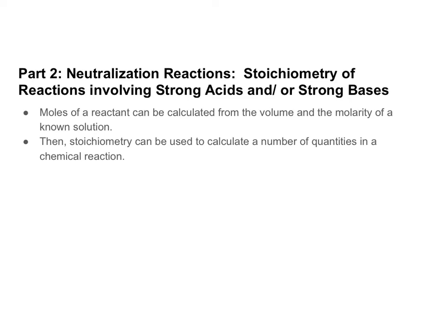In those double replacement reactions, we had something like an acid reacting with a base to produce water and some type of salt. Okay? So in this case here, that's what happens with a neutralization reaction.